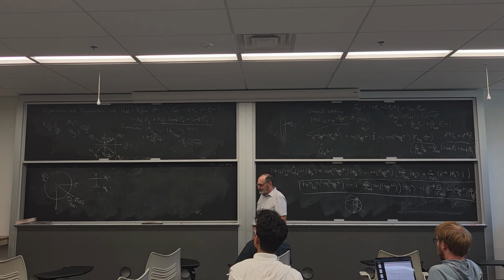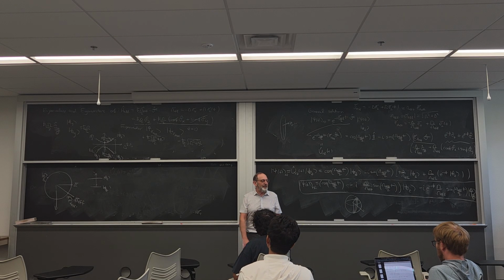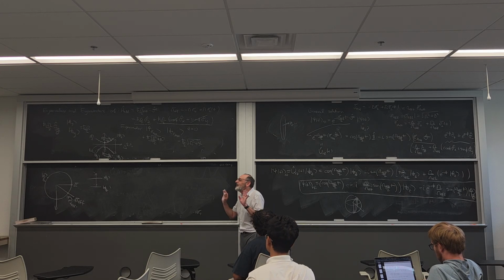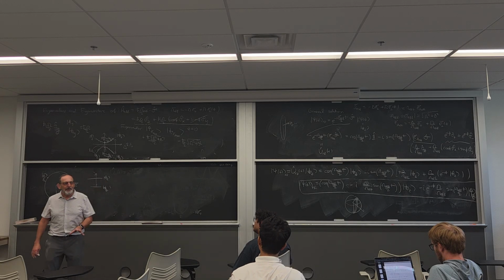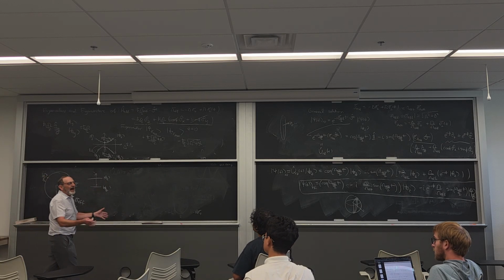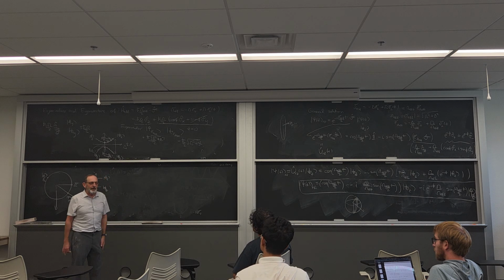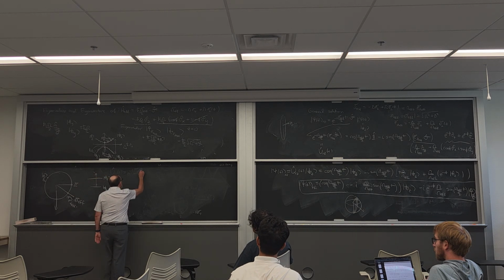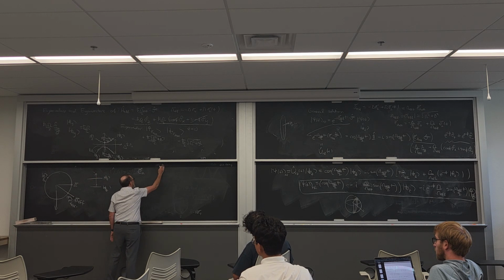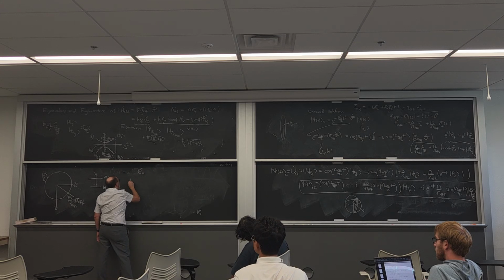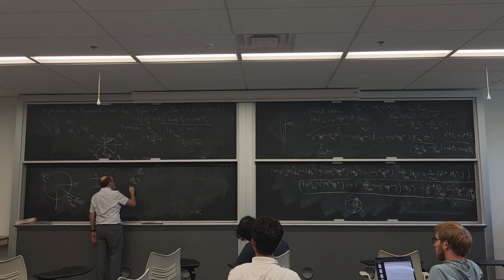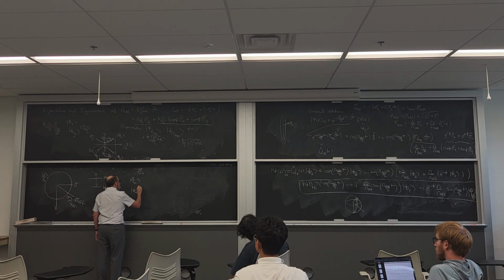Well, they are spin up and spin down along some direction. And everyone who did problem set 1 knows how to express spin up and spin down along some direction. So if I have some direction in space, and I want to know what is spin up and spin down along that direction in space, what are they?